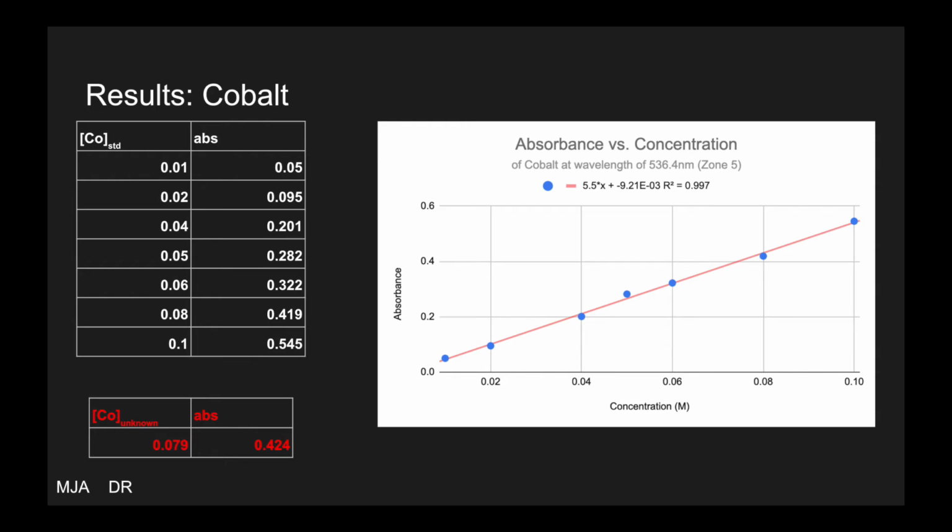Using the tabulated data, an equation was found relating absorbance to cobalt concentration. The equation that was derived was absorbance equals 5.50 times molarity plus negative 0.00921. The unknown concentration of cobalt in Zone 5 was found to be 0.079 plus or minus 0.002 molar.